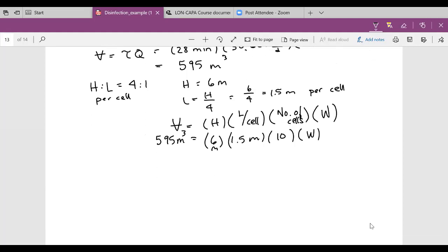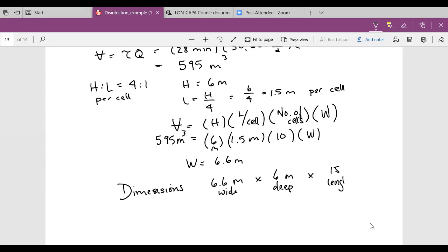And that would give us a width equal to 6.6 meters. So the dimensions of the reactor is 6.6 meters wide by 6 meters deep by 15 meters in length.